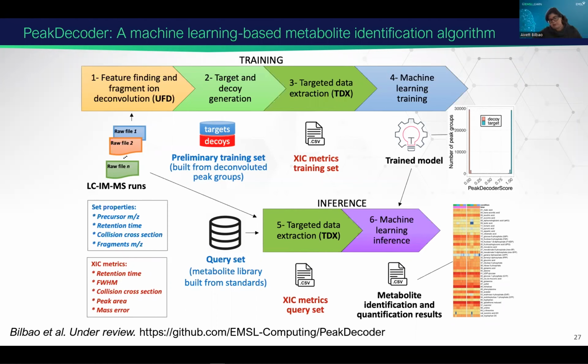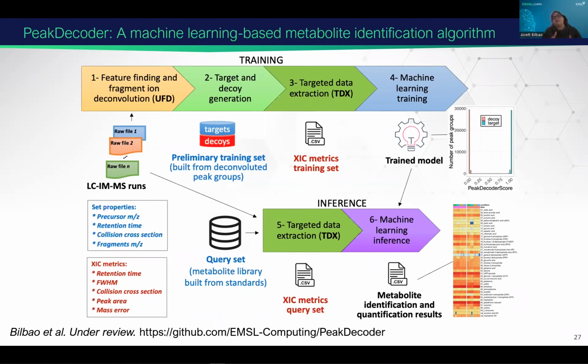And independent of the annotation of those ions, we can train a machine learning model to learn to recognize when the signals coelute well or not.